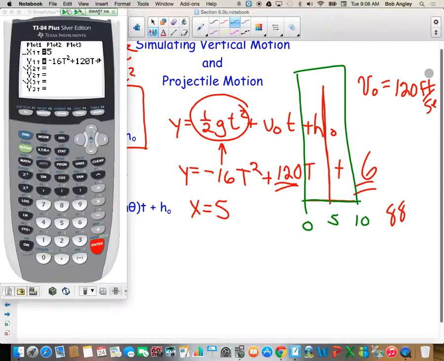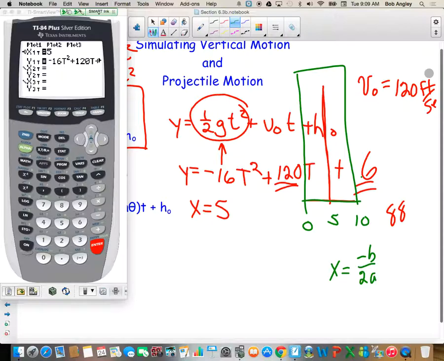Now, do you see that this is a parabola right here? If we were graphing it as a function, it would graph as a parabola. Now, the highest point on a parabola is the vertex. And remember when something was in the form ax squared plus bx plus c, that would give us x equals negative b over 2a.